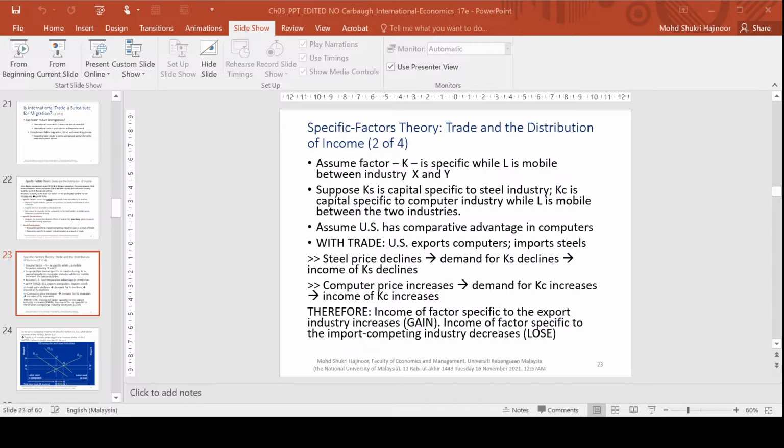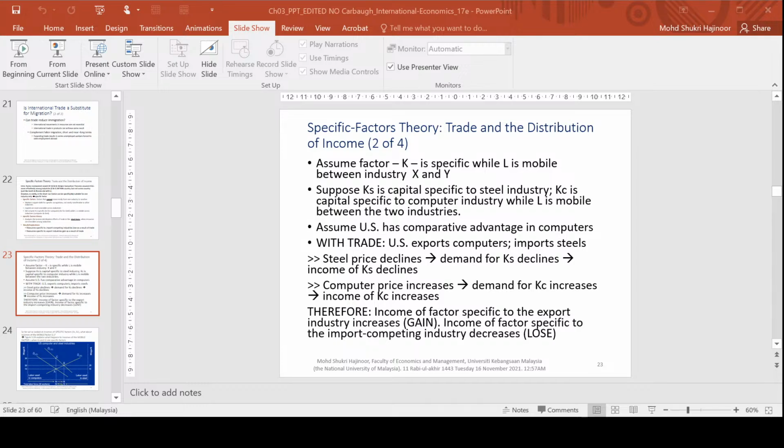But if they're crazy about using computers that the United States produces and exports, whose price has now increased, L, the laborers, will lose from trade.